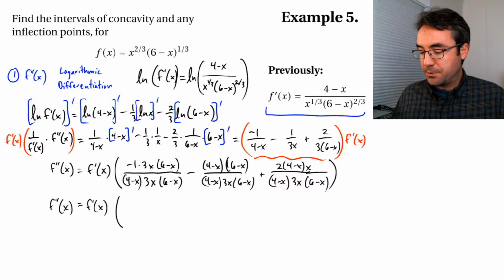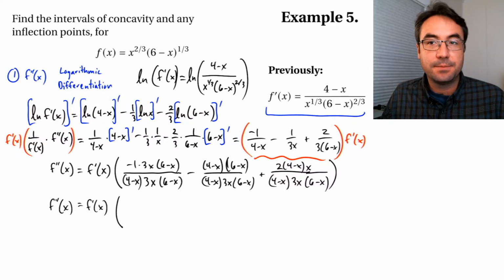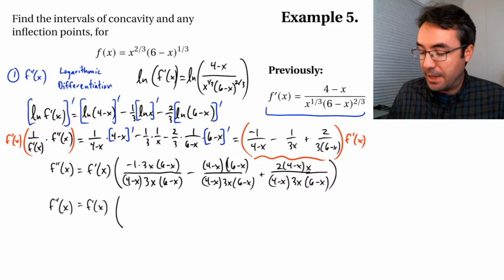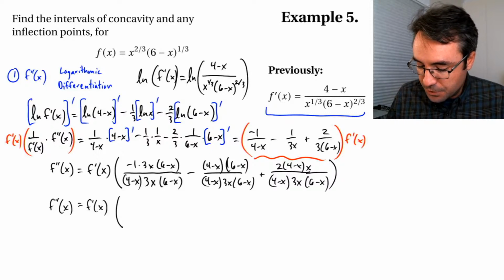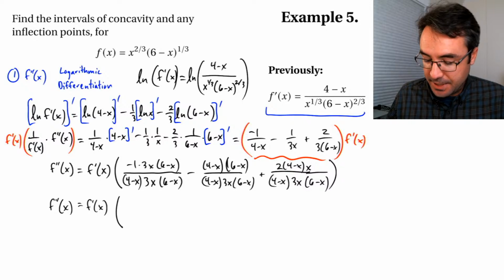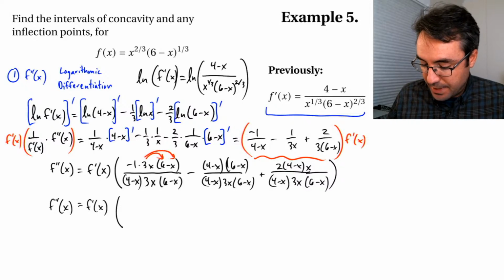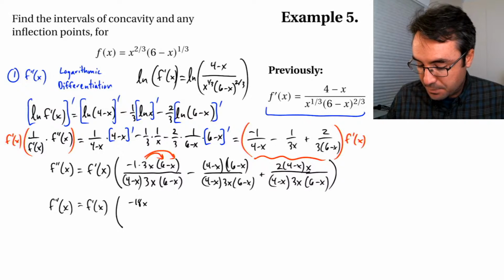And what we're going to do is multiply things out. So let's multiply everything out here. We can take the -3x and distribute it to the 6 and the minus x. So we end up with negative 18x plus 3x squared.